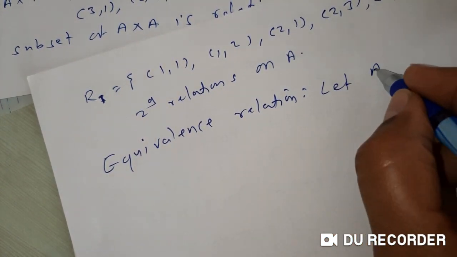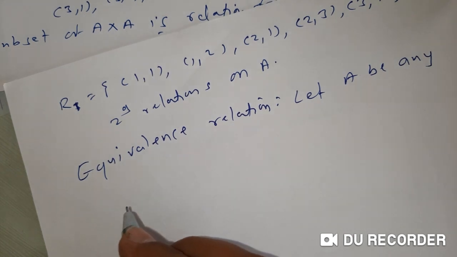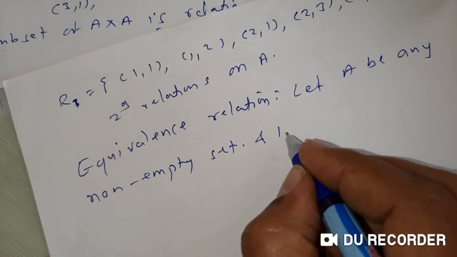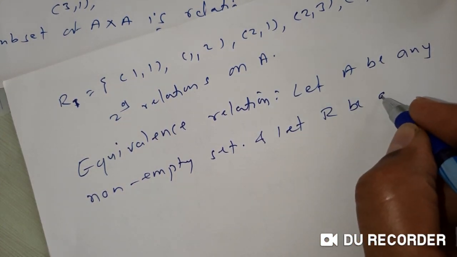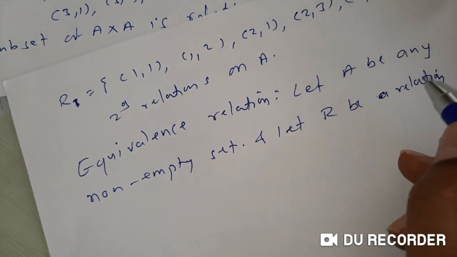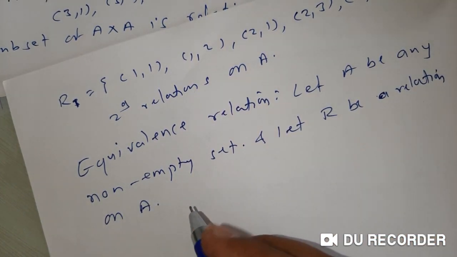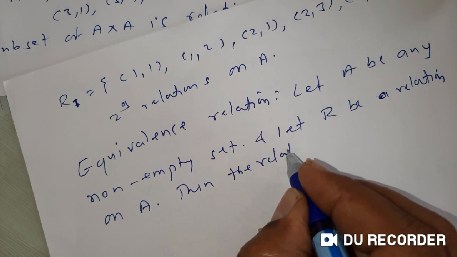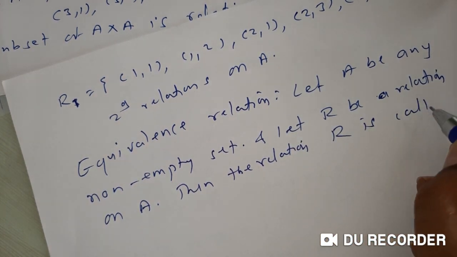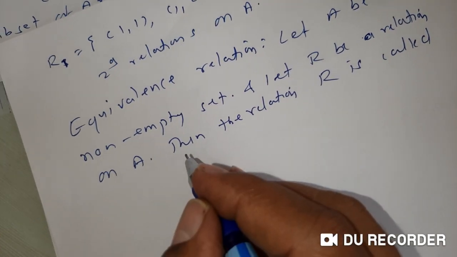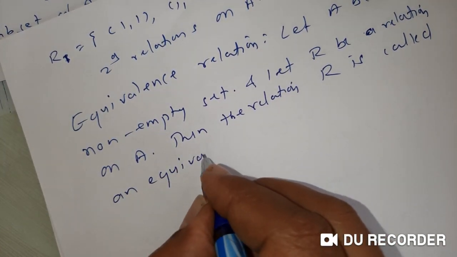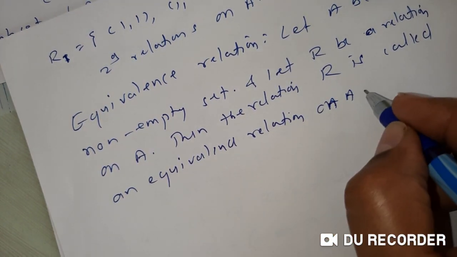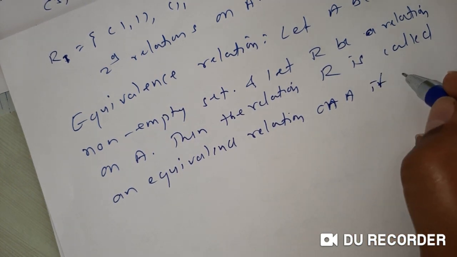Let A be any non-empty set and let R be a relation on A, that is, a subset of A cross A. Then the relation R is called an equivalence relation on the set A, if the following properties are satisfied.